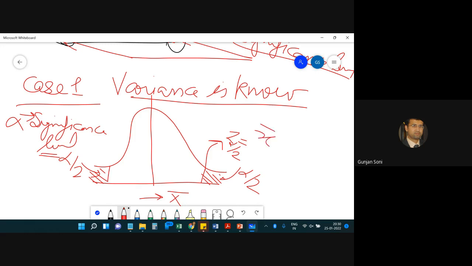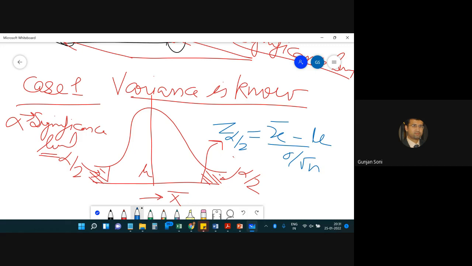So it would be given by x bar minus or plus... this is mu over here. Let me make it more clear. z alpha by 2 will be given by x bar minus mu divided by sigma by root n.